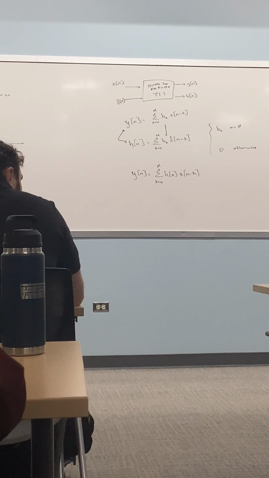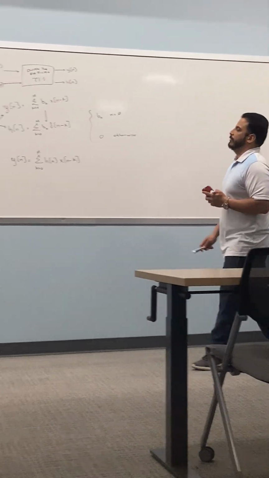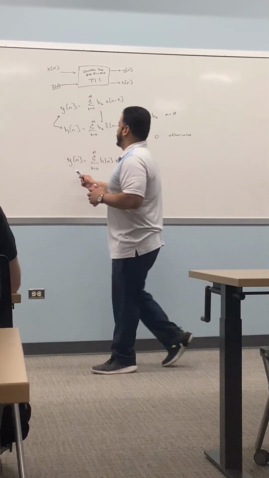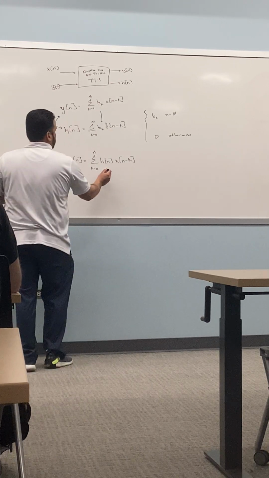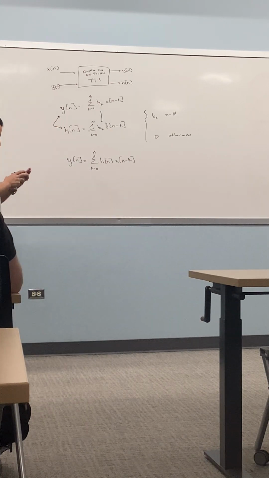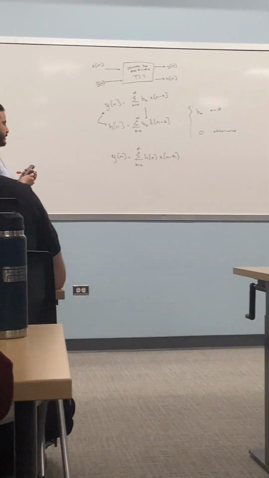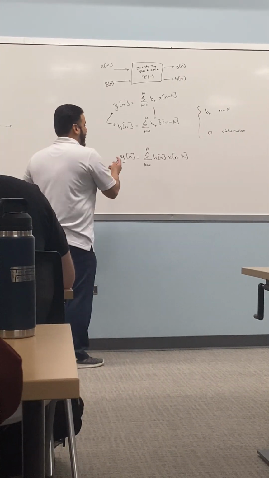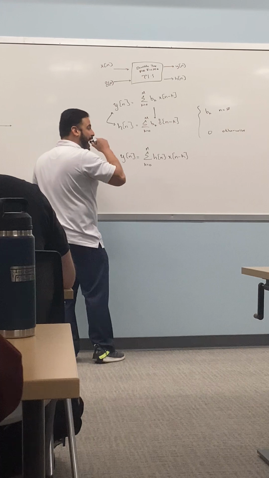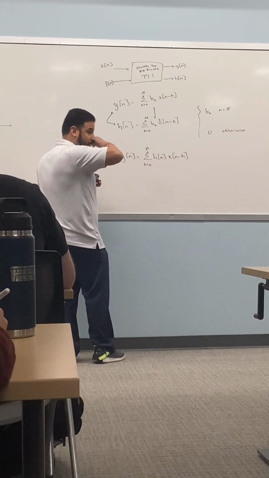So now we have a relationship where your y of n is your h of n times your x of n, right? It's a filter coefficient between your input and the impulse response. And this is called, this guy, this is where you're going to get your response for it.